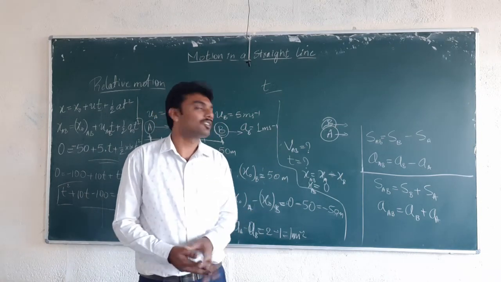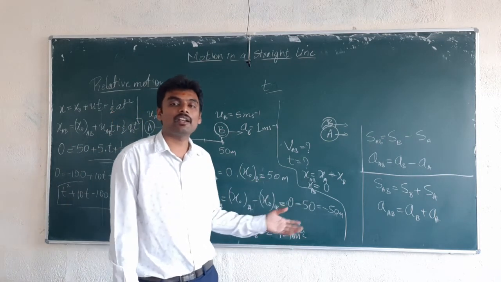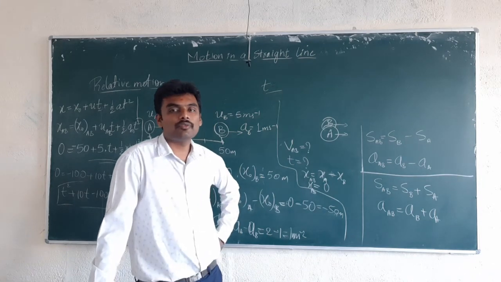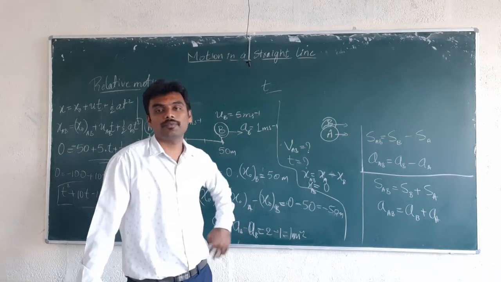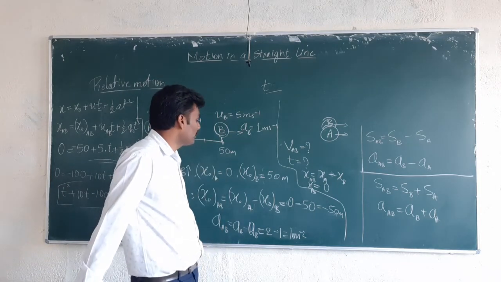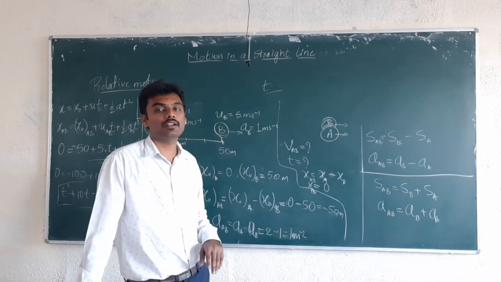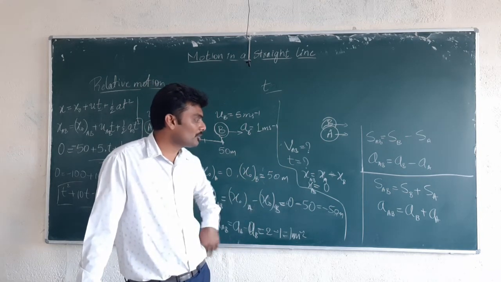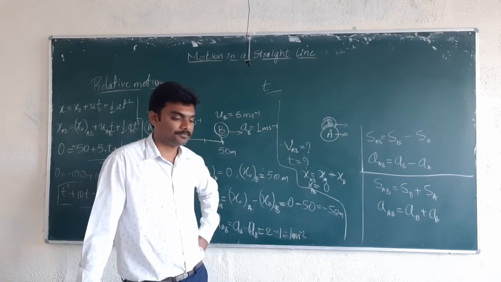Better to keep them as relative position instead of relative displacement. In many references they take relative displacement, but I prefer to keep them as relative position. That would be better, because you will have a clear understanding, no positive negative sign confusions and all. The initial and final conditions should be considered properly. Clear with this? Good.